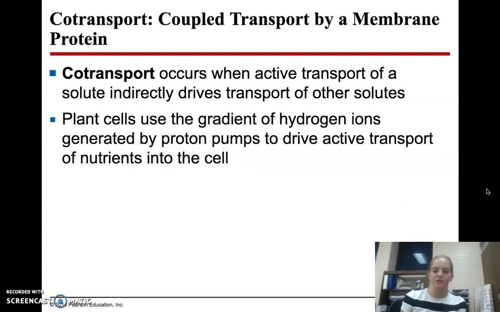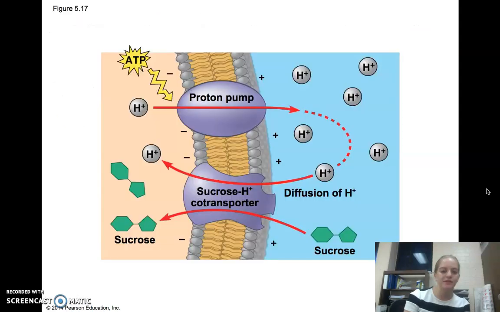Co-transport occurs when there is the active transport of one solute that drives the transport of other solutes. And plant cells use this. They use their hydrogen pumps to drive active transport of other nutrients they need to get into their cells.